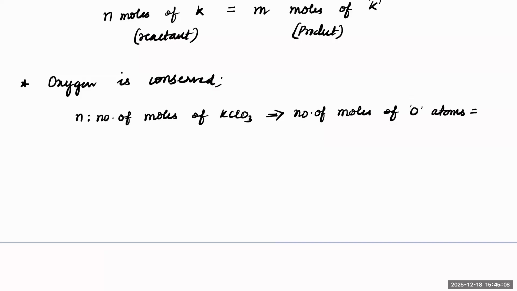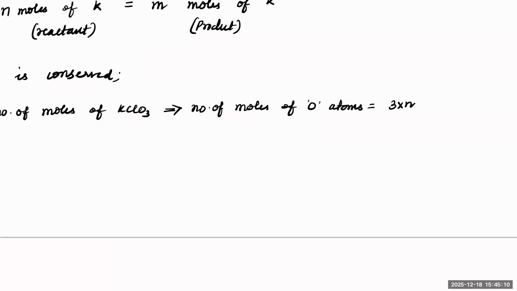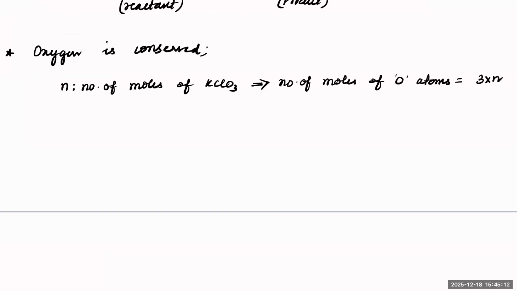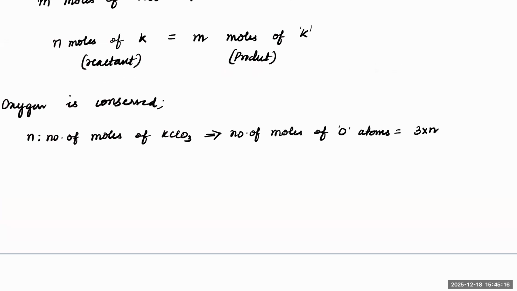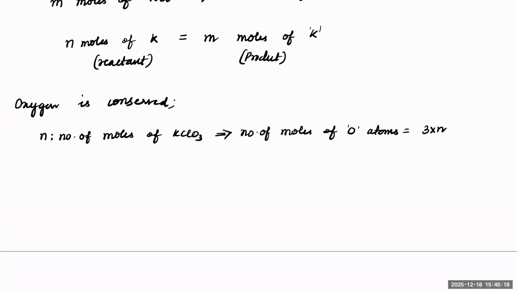It will be 3 times n, correct? Because every 1 mole contains 3 moles of oxygen, so if I take n moles, I should have 3n moles of oxygen, correct?